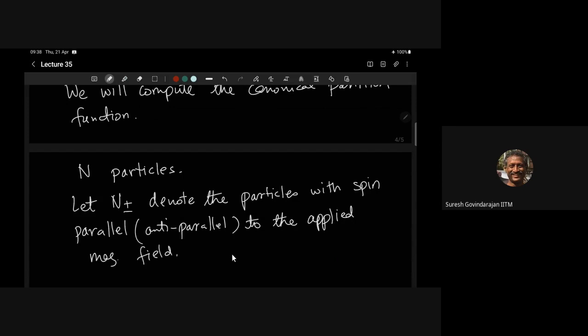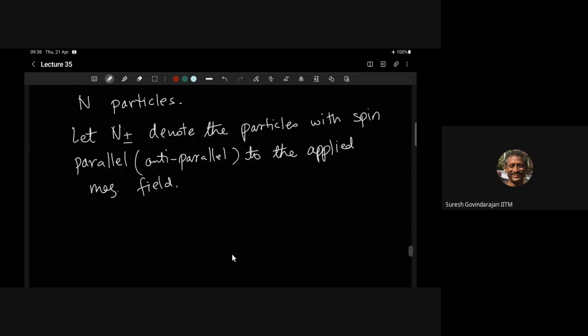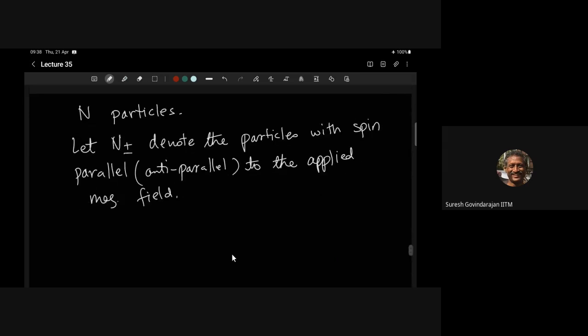Of course we have to sum over all possible configurations in the system. So let's do that. So we have N equal to N plus plus N minus.